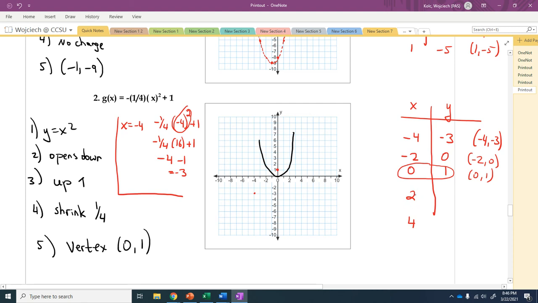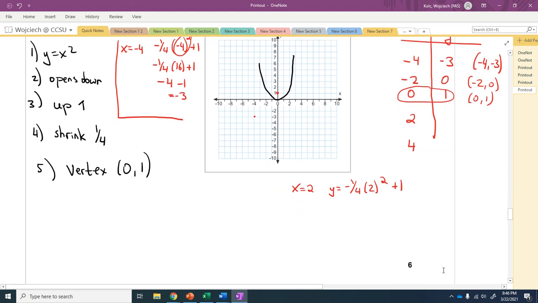Okay? So when x is 2, let me show the steps here, I got some space. When x is 2, I get y equals -1/4 times 2 squared plus 1. Please remember, we are working with exponents first.